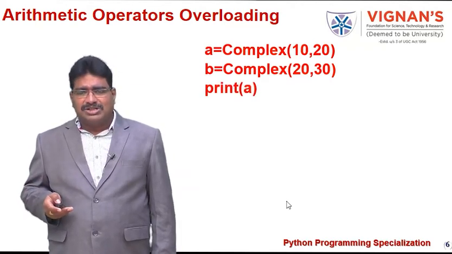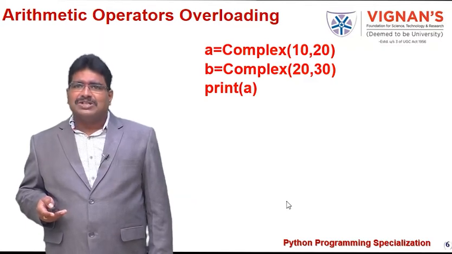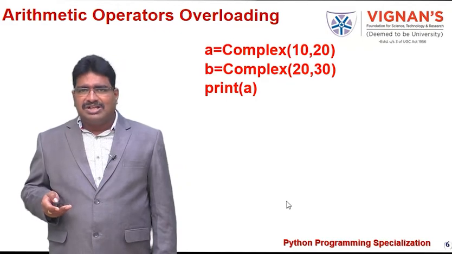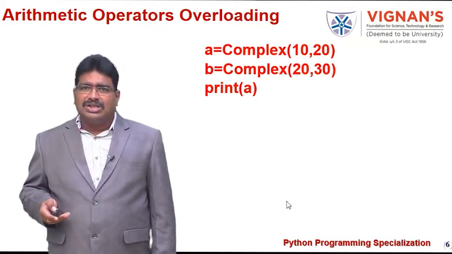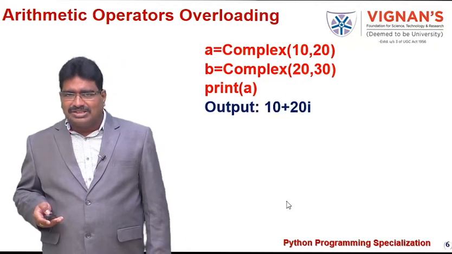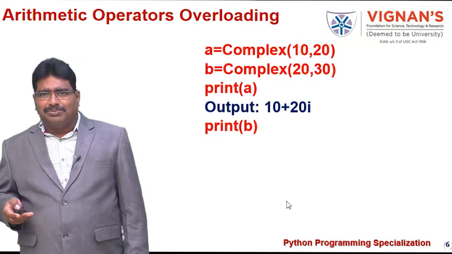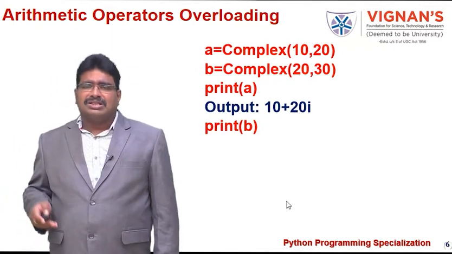Now we display print of a. Automatically it displays 10 plus 20i, because a is a Complex class object, its real value is 10 and the imaginary value is 20. Similarly, we call print b, and it displays the output 20 plus 30i.